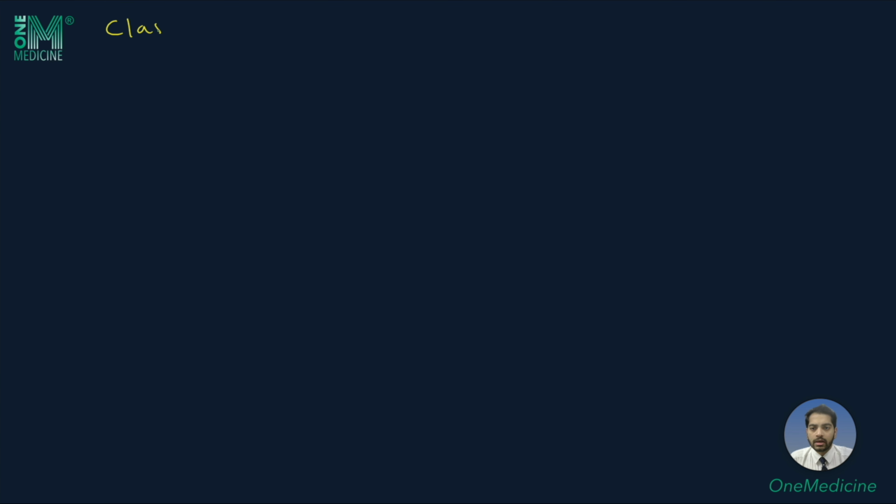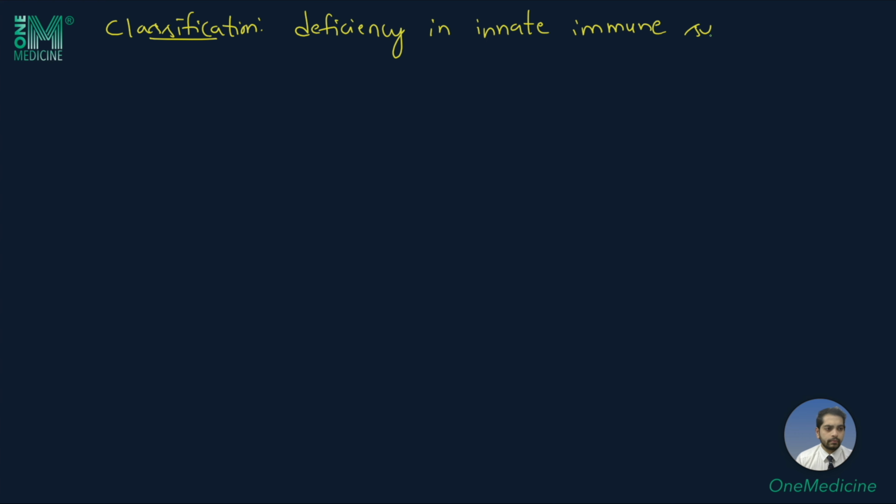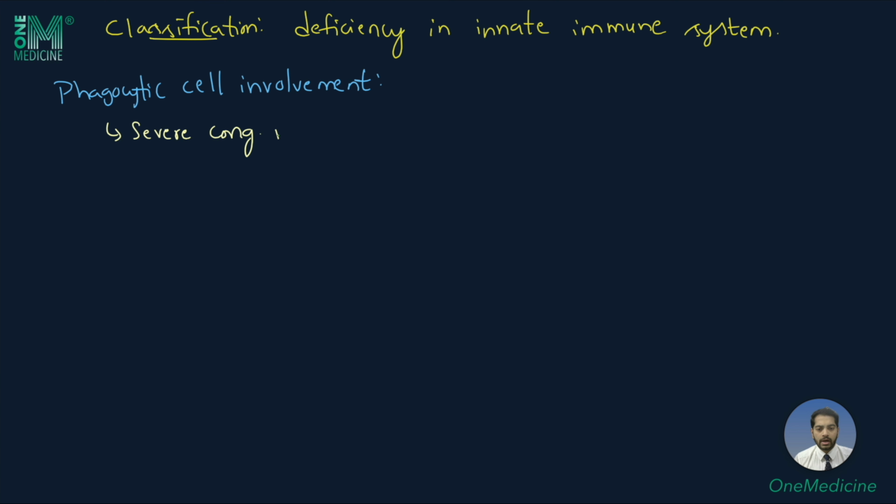Let's now look at the classification of primary immunodeficiencies. The first one being deficiency in innate immune system. There can be phagocytic cell involvement in conditions such as severe congenital neutropenia.